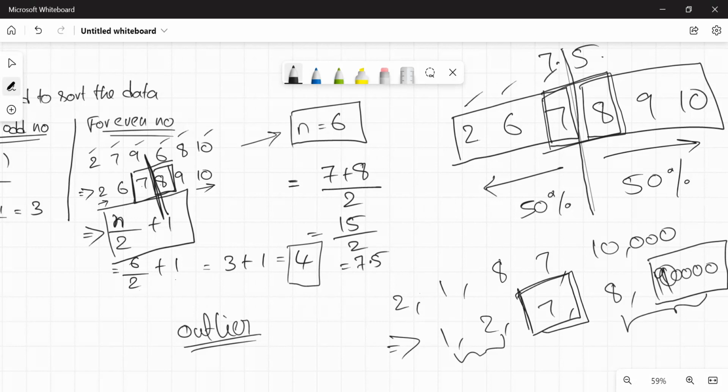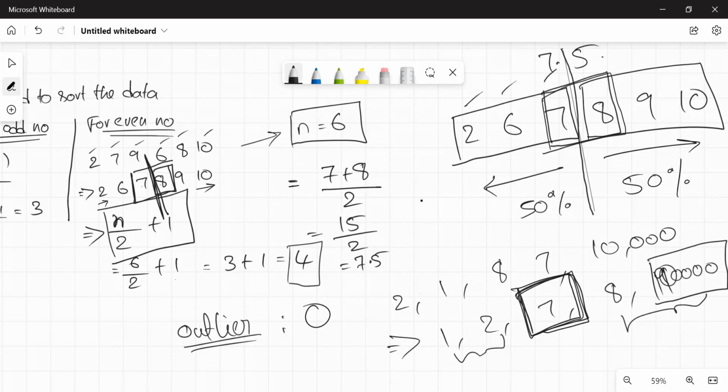Because when you sort this data, you don't even care about how big a value is. You just need to find the right position, that is the middlemost position. So in short, you can easily say that the outlier effect on the median is 0. There is no outlier effect on the median, right? Because it is sorted every time.